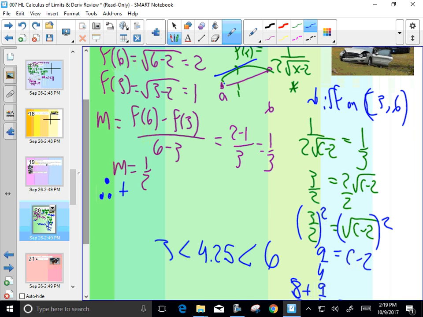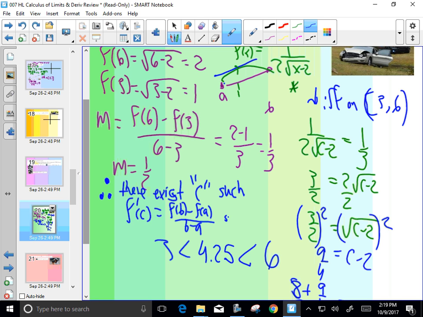Therefore, there exists c such that f prime of c equals f of b minus f of a over b minus a, since a, b interval is differentiable.